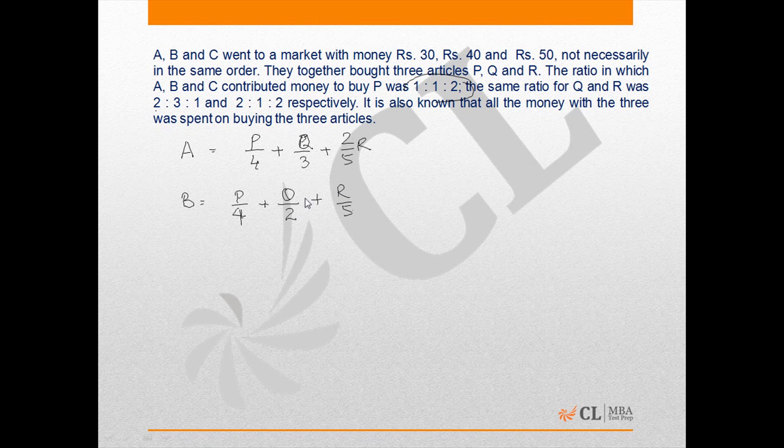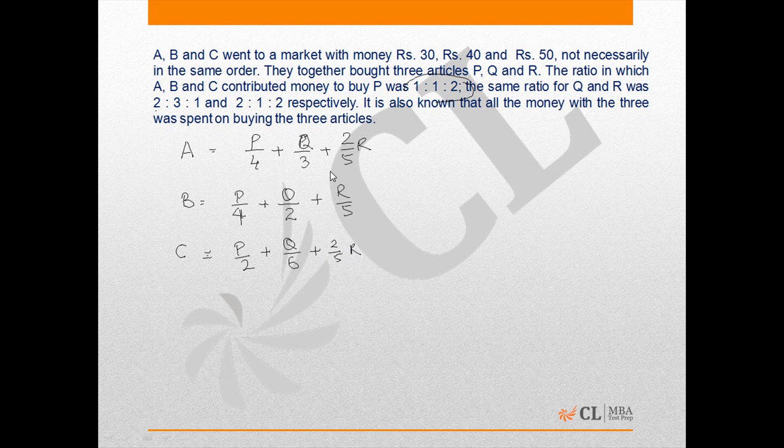So the amount that B has spent is P by 4, Q by 2, and R by 5. As they have spent all the amount, there will be nothing left with them. In case of C, it is P by 2 for the first article plus Q by 6 for the second article plus 2 by 5 R for the third article.